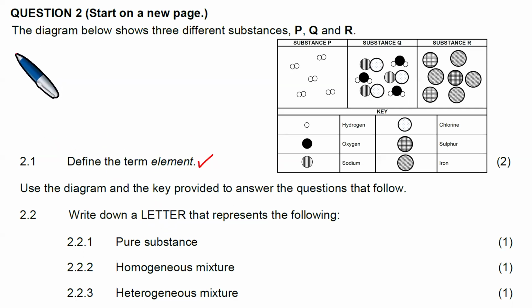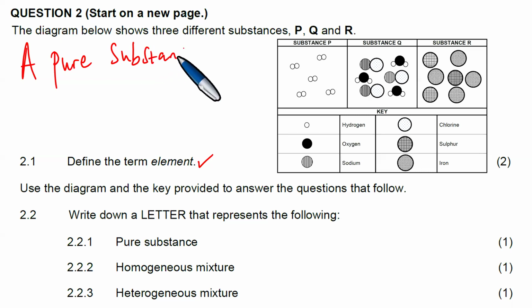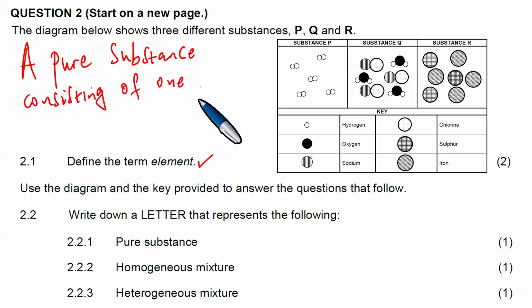Okay, I'm going to define an element because I'm a chemistry person. So we're going to say an element is nothing other than a pure substance consisting of one type of atom.